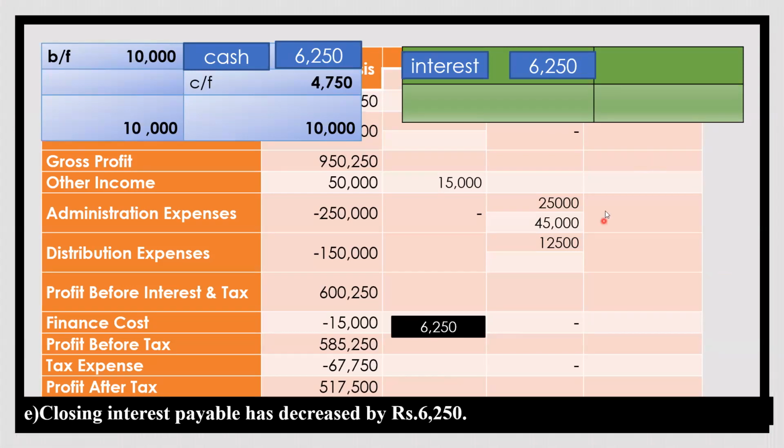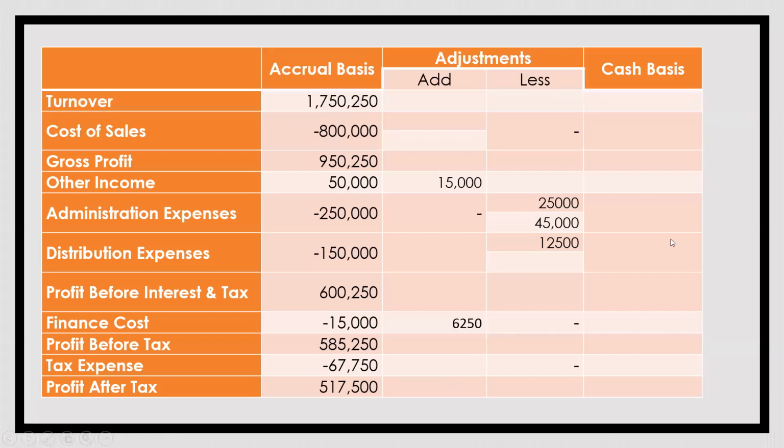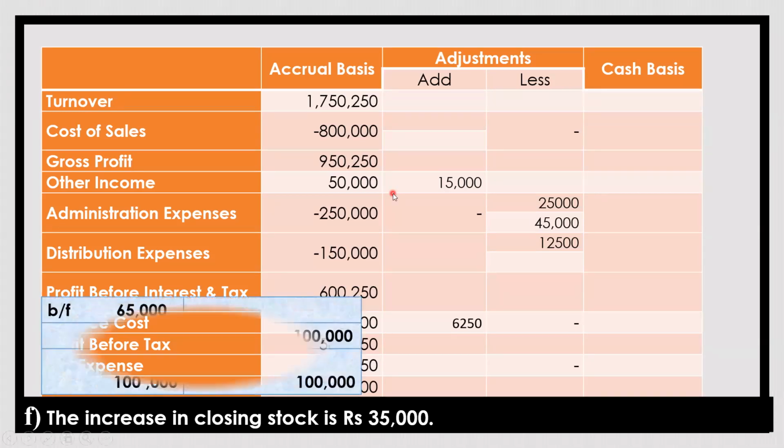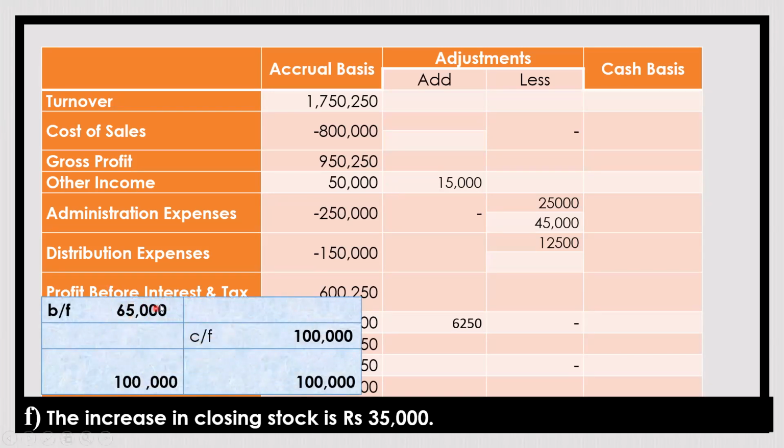Now let's see the next one. The next one is an increase in closing stock by 35,000. So let's see the account as well. In the inventory account, earlier we had 65,000. Now it has increased to 1 lakh. So the change is 35,000.